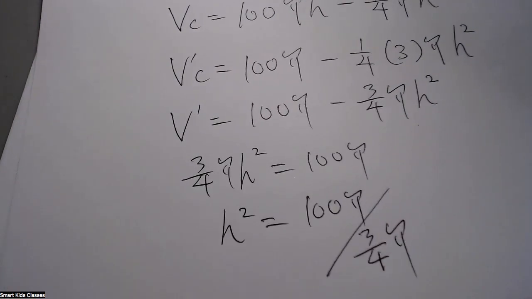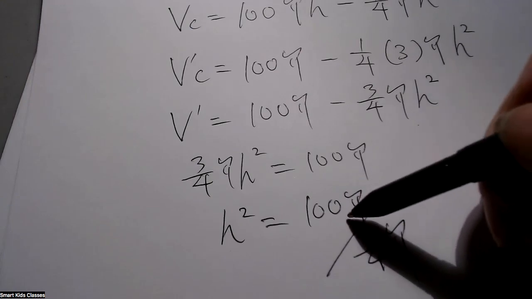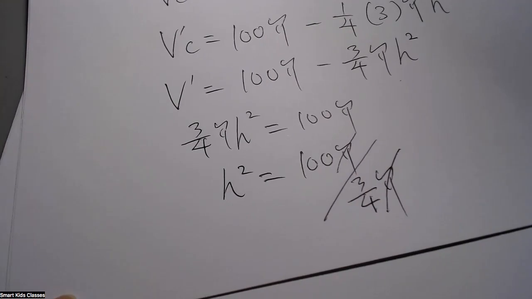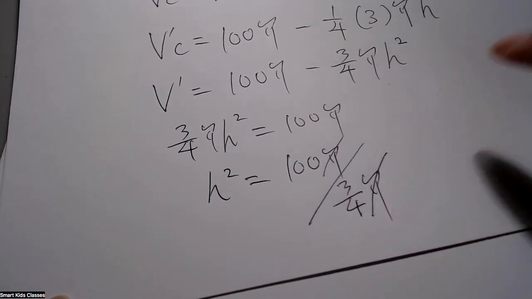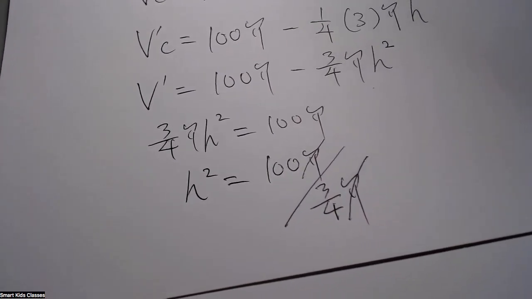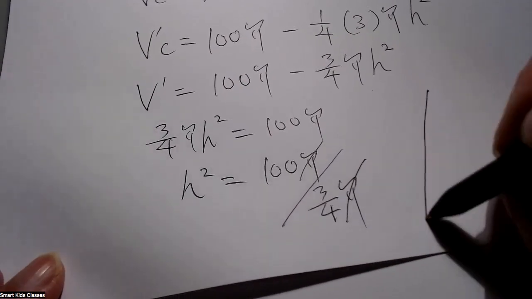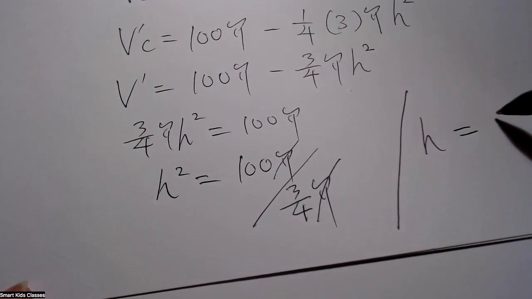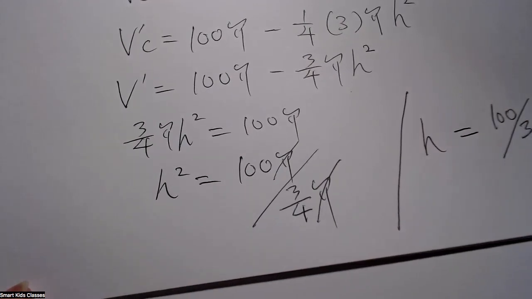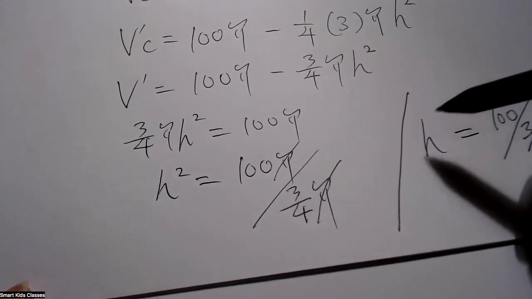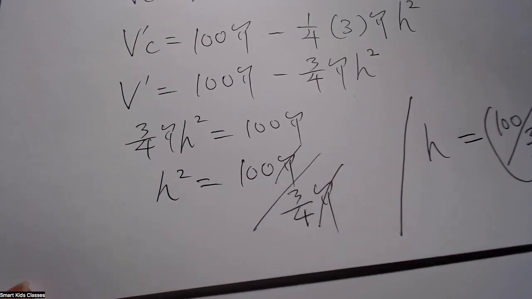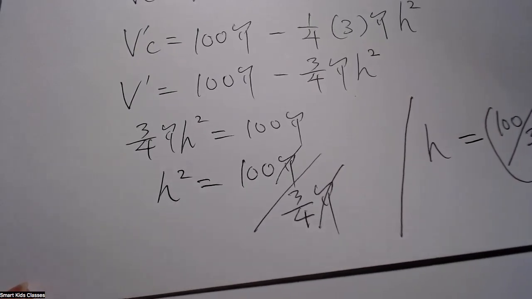From here, we cancel pi, and then we have 100 divided by 3 over 4. So h is equal to 100 over 3 over 4, and to solve this squared, we put the bracket and the exponent 1/2.